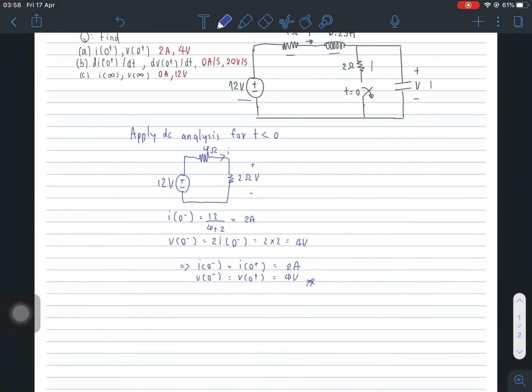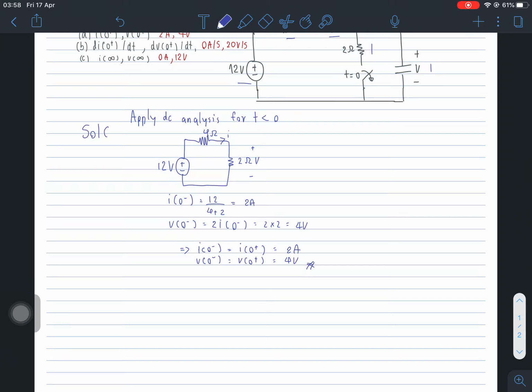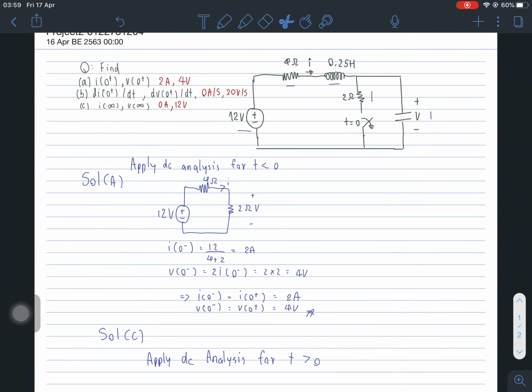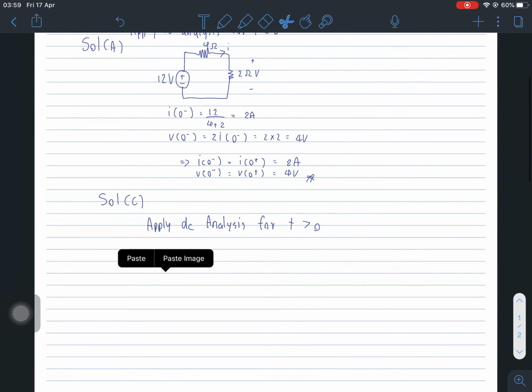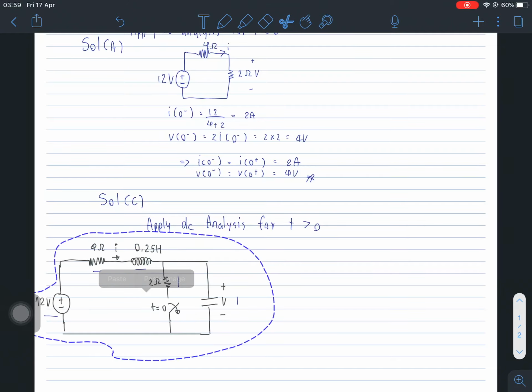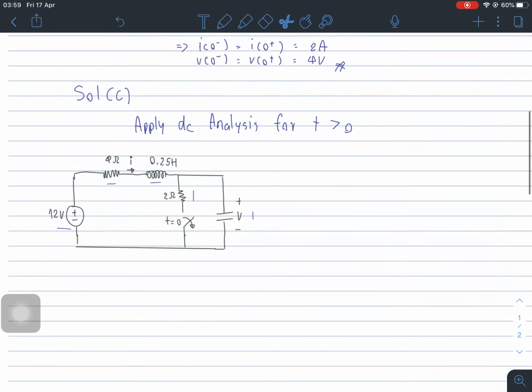So the next one is solution C. This is solution A, and this is solution C. In solution C, we apply DC analysis again, but this time for t greater than 0.